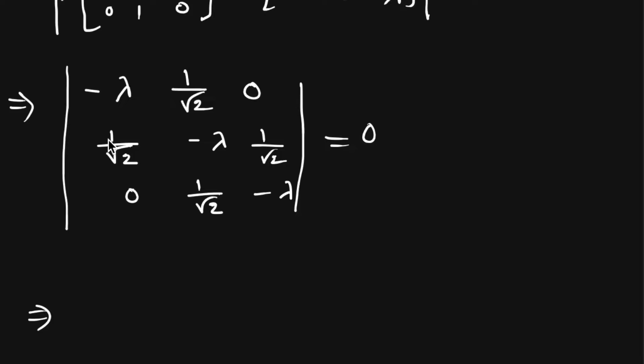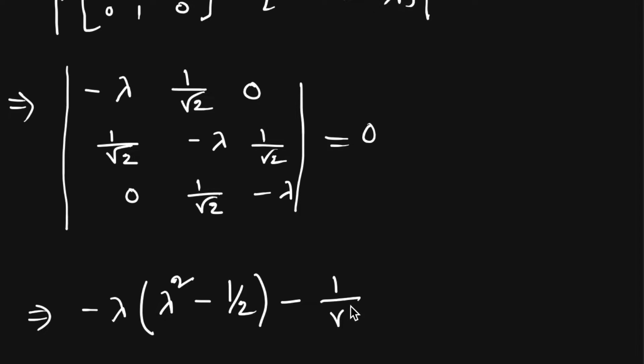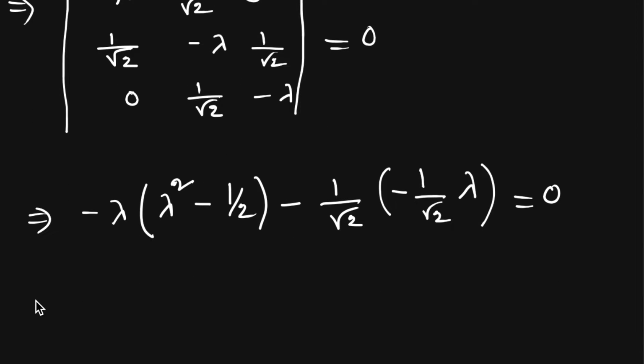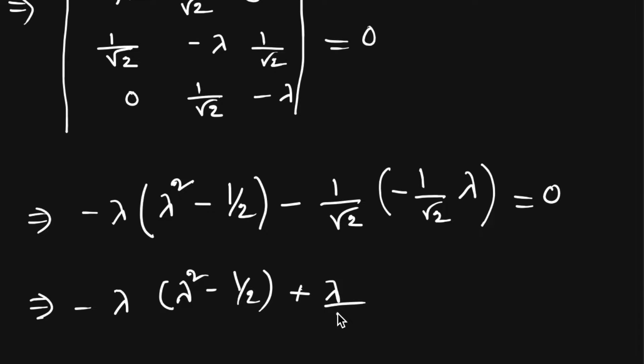This implies minus lambda times (lambda square minus half) minus 1 by root 2 times (minus 1 by root 2 lambda) is equal to 0, which means minus lambda (lambda square minus half) plus lambda by 2 is equal to 0.